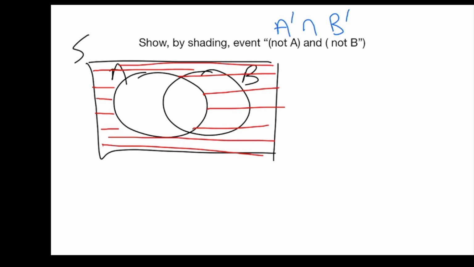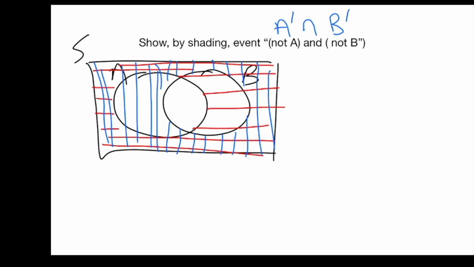Okay. Then B complement means outside B. So I'm going to use blue and shade everything that is outside B. All that is outside B there.